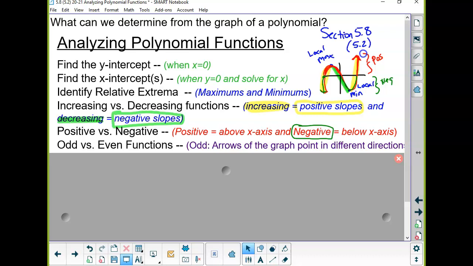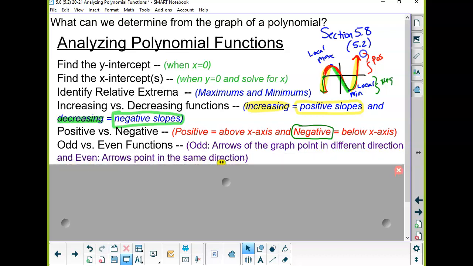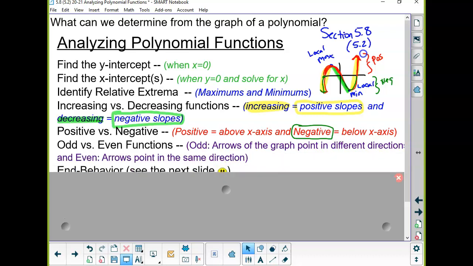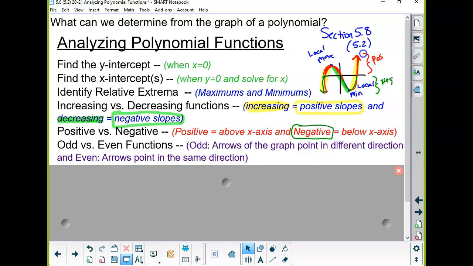So the example I drew, one arrow is pointing down and one is up. That's an odd function. Another reason why is the degree is odd, and I'll share that with you in a little bit. If it's an even function, then both arrows are pointed in the same direction. They're either both going up or both going down.